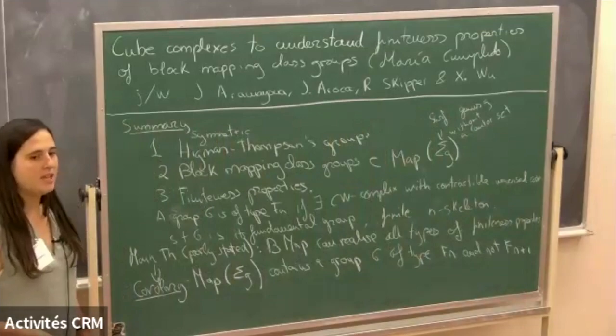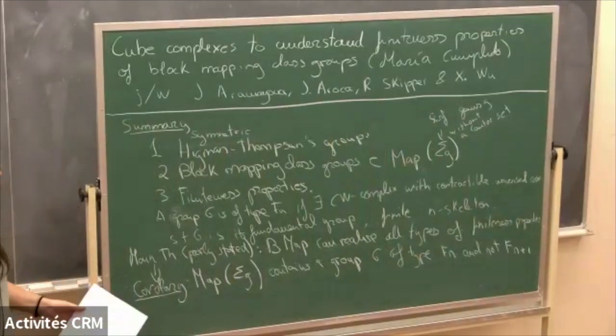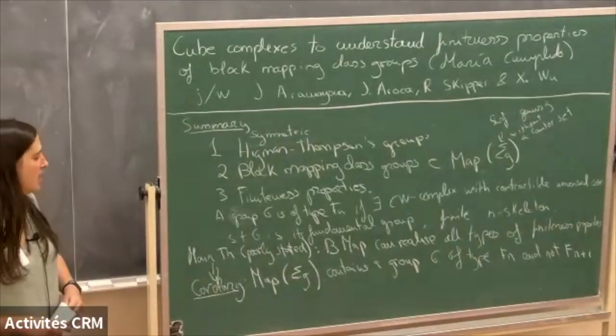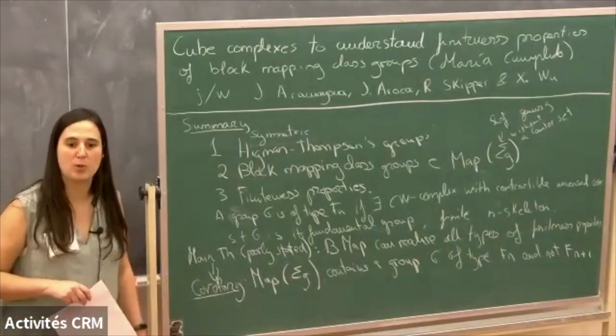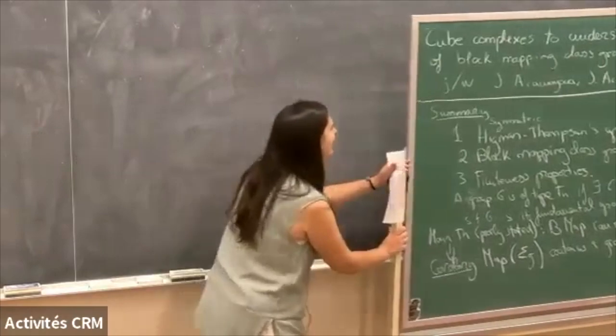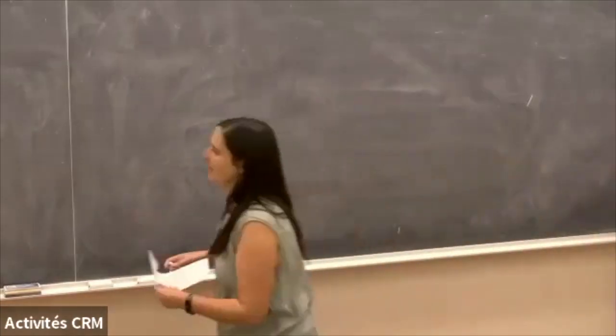So basically what I'm saying is that you can use these groups to find all kinds of examples regarding finiteness properties. So this is the summary. Now the talk. Okay, so far so good.